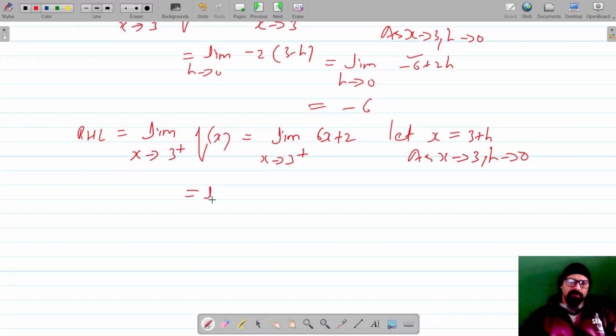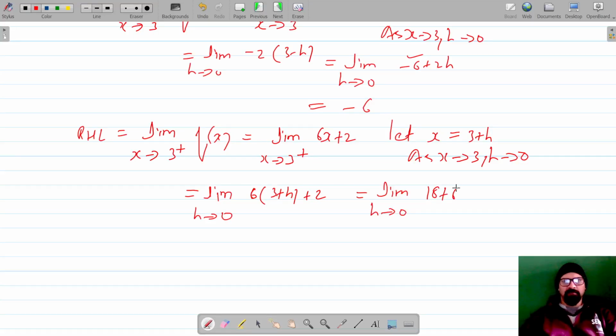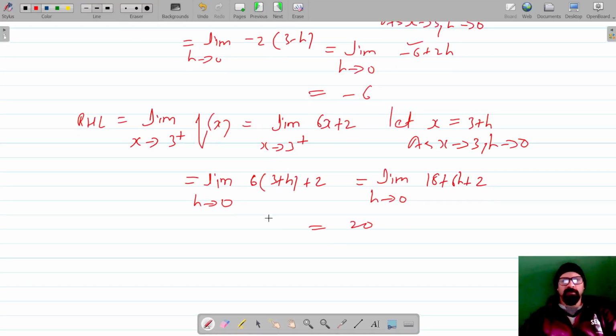Now this limit has been changed to h. So limit h tends to 0 gives me 6 into 3 plus h plus 2, which is 18 plus 6h plus 2. If I put h equal to 0 here, it gives me 20.